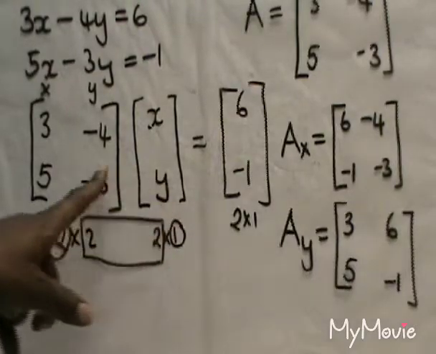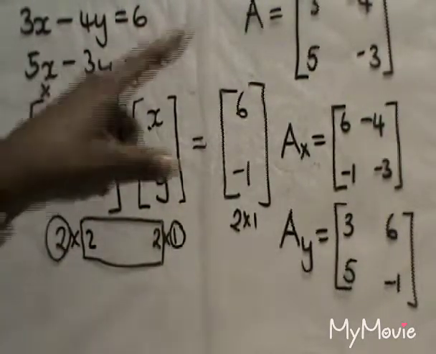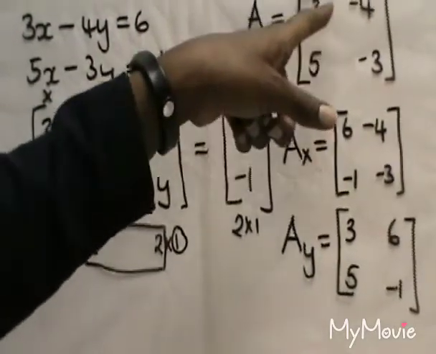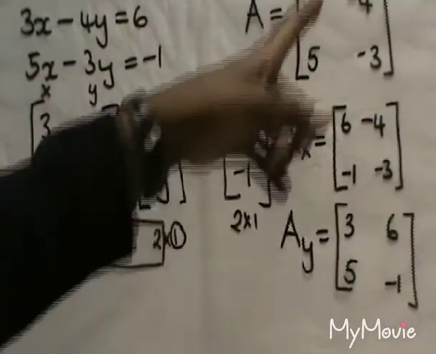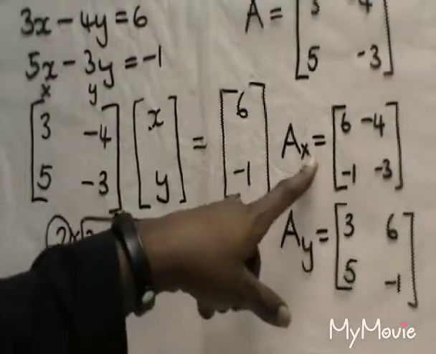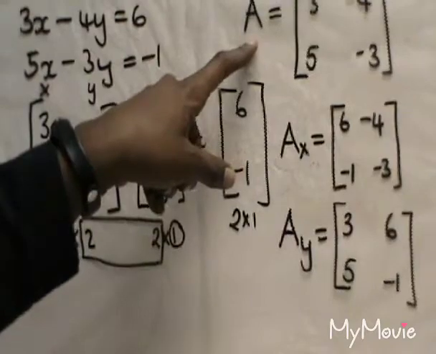Okay, so to apply Cramer's rule, the thing I need to do is I write down this coefficient matrix. There it is, my coefficients of x. The x values should all be in one column. The y coefficients will also be in one column. Then for Ax, this means I'm changing A slightly, but how am I changing that?